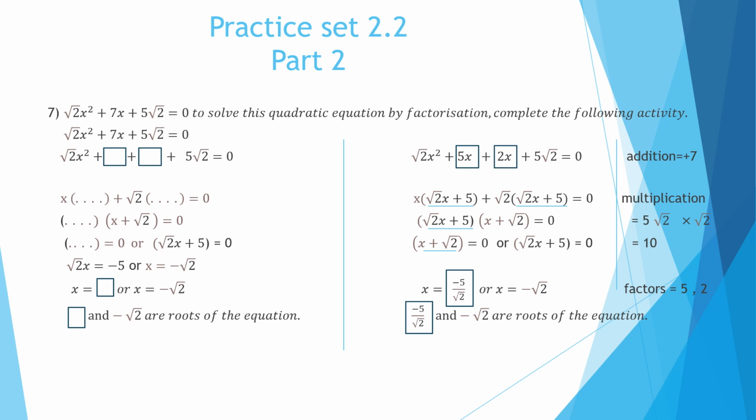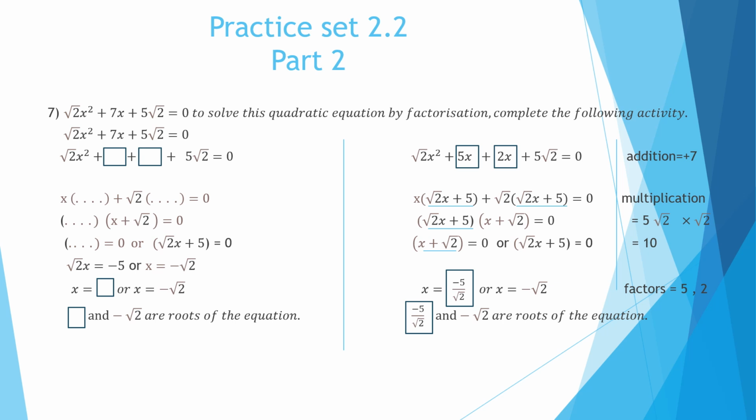From 2x plus 5 root 2, the common factor is root 2 and remaining term is root 2x plus 5. So we write root 2 here and in bracket root 2x plus 5 is equal to 0. So the value of these empty places is, first place is root 2x plus 5 and second place root 2x plus 5.